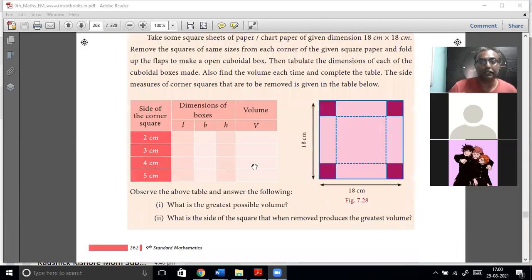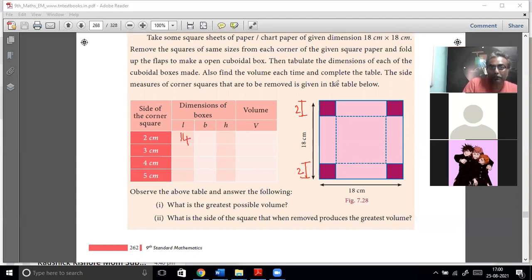This activity, I don't know whether we'll have time to do it. You do that activity at home. Only one we will do here. Now this is 18 centimeter. The side of the corner square is 2 centimeter. Here also 2 centimeter. Then 18 minus 2 minus 2 becomes 14.